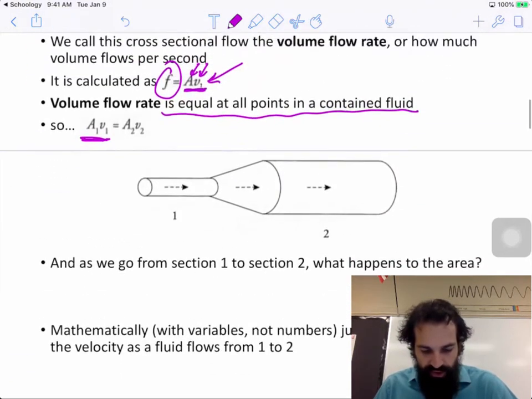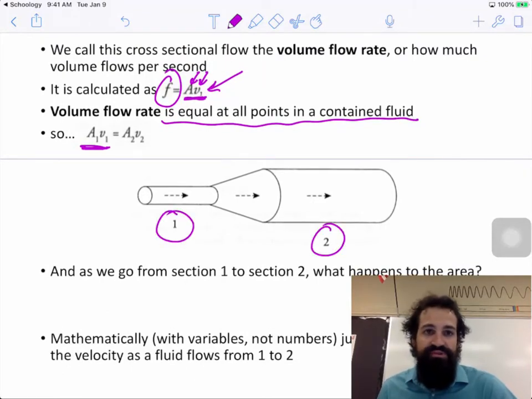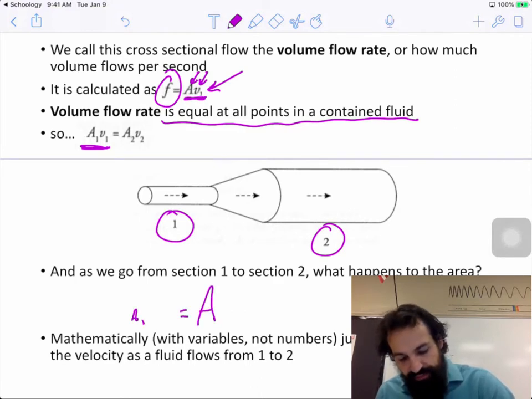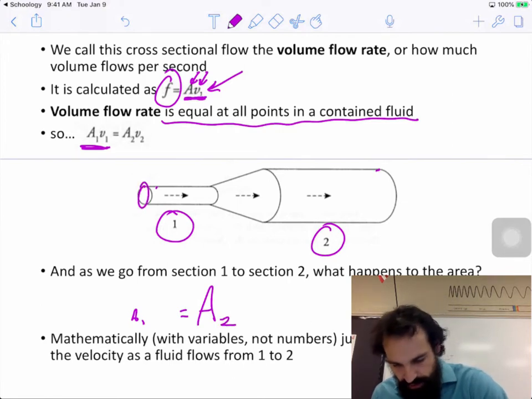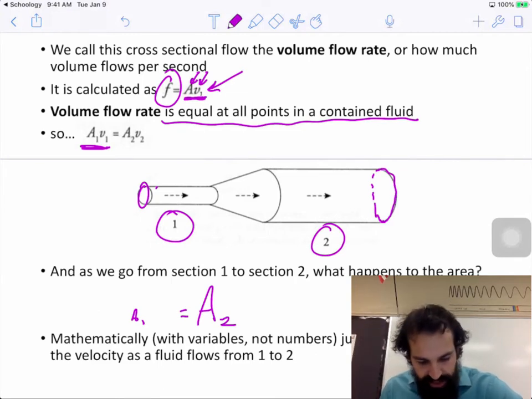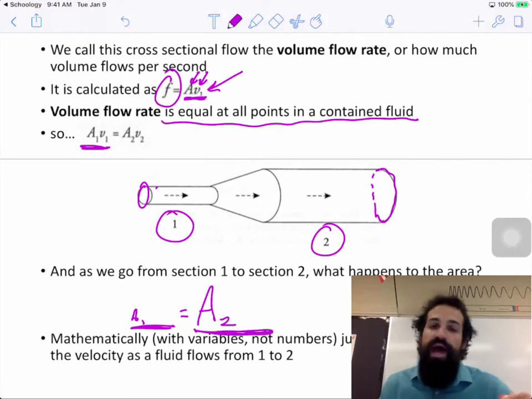So along this, as we go from section 1 to section 2, what happens to the area? Well, we start with a small area, and we go to a big area, because this is a small circle, and this is a big circle. So the area gets bigger, but if this whole side has to equal this whole side, what would have to happen to the velocity?